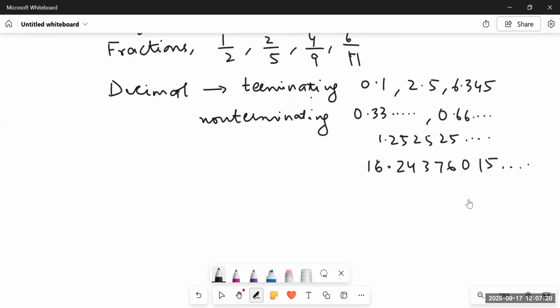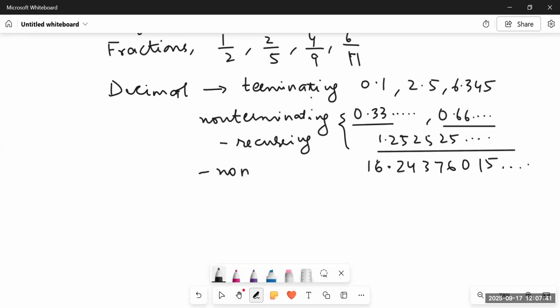Some of the non-terminating decimals are recurring, that repeat themselves, like 0.33333. The digit 3 is repeating itself. 0.66666 is a recurring decimal. 1.2525252525 are repeating themselves. So these are examples of recurring decimals. But there is another category of non-recurring, non-terminating decimals.